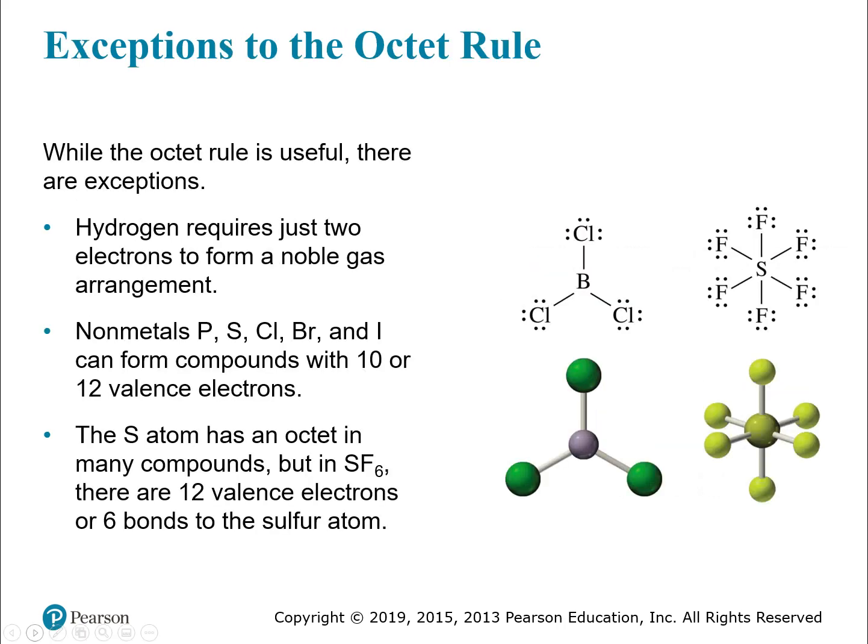Now we talked about the octet rule. I told you that boron is an exception in terms of how many electrons it wants. Same thing with hydrogen. There are nonmetals that can form compounds with more than 8 electrons. They can have 10 or 12 valence electrons. And for example, you can have SF6, which you should be able to name.